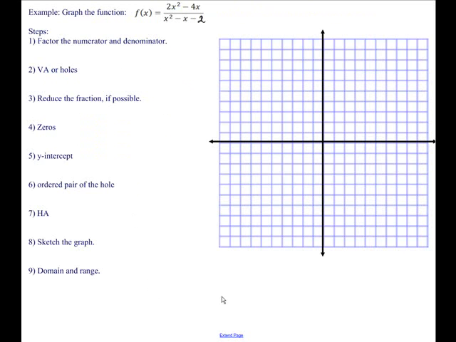We have the function 2x squared minus 4x over x squared minus x minus 2. So we need to factor the numerator and denominator, and whenever we do that, we'll get this expression. The numerator will simplify to be, there's a 2x in common, so we can take a 2x out, and that leaves what? X minus 2.